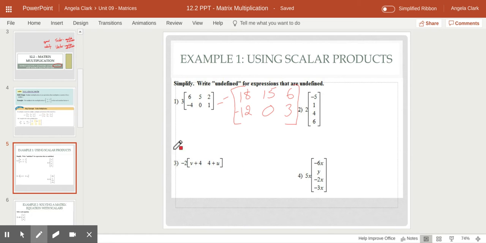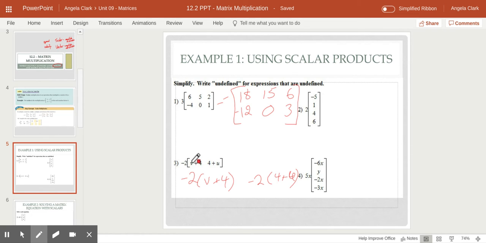So let's look at this one because this one's a little bit different. Here we have expressions instead of just numbers. So when you're multiplying this, what you're doing is negative 2 times v plus 4 and negative 2 times 4 plus u. So we have to distribute the negative 2 because these aren't separate elements. This expression is one element.